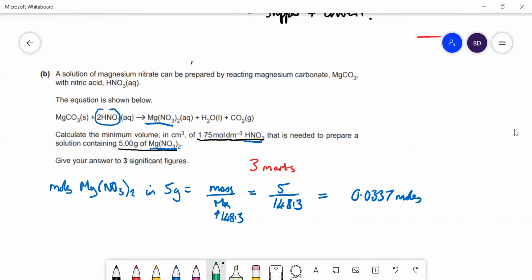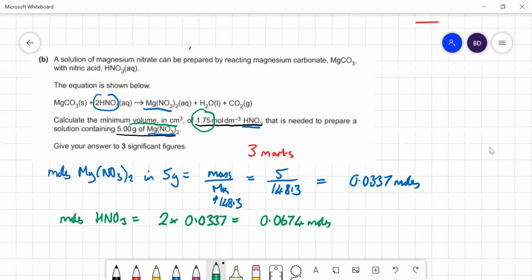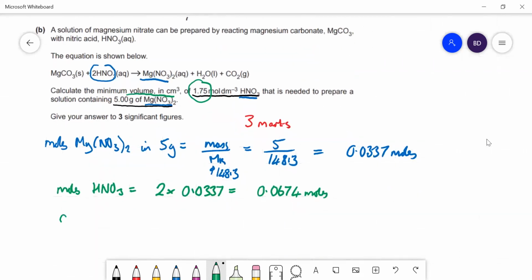So moles of nitric acid required is 2 times 0.0337, which is equal to 0.07674 moles. Now we need to work out the volume. We know the moles, and we know the concentration. So we're going to use concentration equals moles over volume.